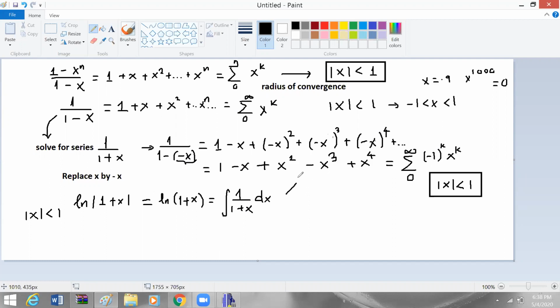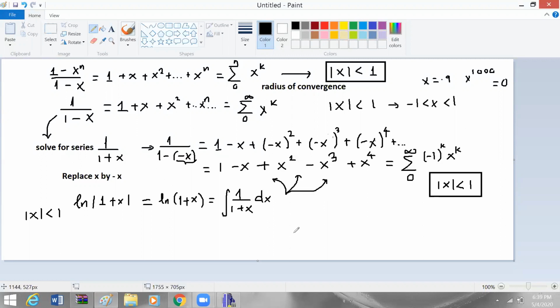I just literally need to integrate every single term, because this is a sum, right? So we integrate 1 minus x plus x squared minus x to the third plus x to the 4.